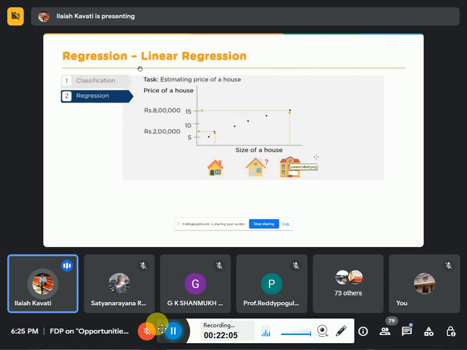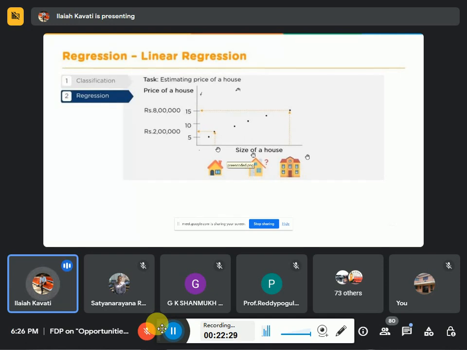Now, regression has many types: linear regression, non-linear regression, multiple regression, etc. In linear regression, generally we consider the important independent parameter. In this case, we only consider the size of a house.